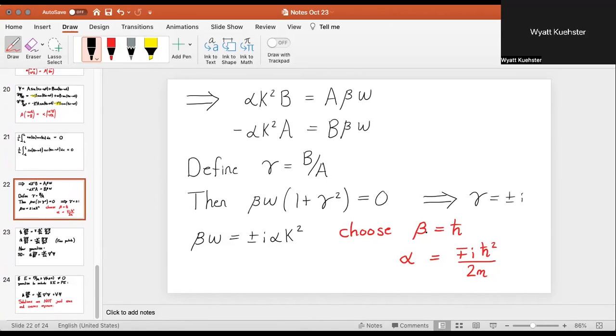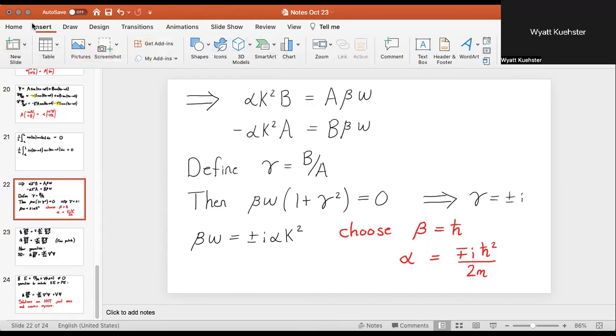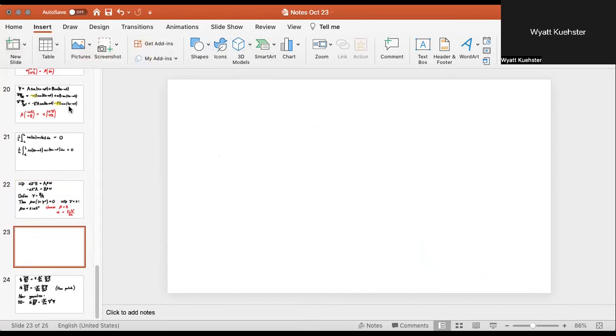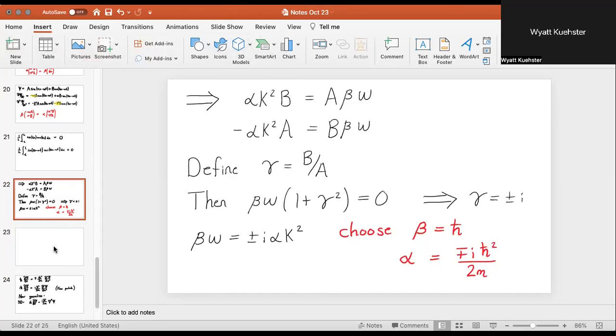The thing we should choose is beta equals h bar, and alpha equals minus or plus, from this plus or minus here, minus or plus i h bar squared over 2m. And I hope I didn't switch my alphas and betas here. Let's just check that this is the correct thing. I have been known to switch the alpha and the beta here.